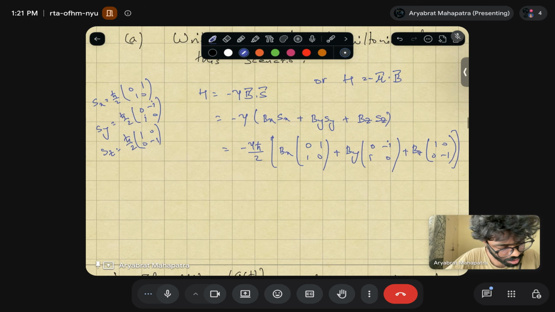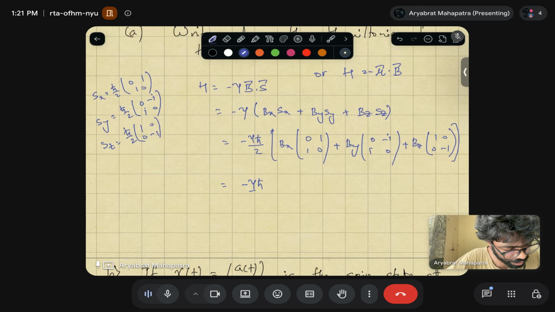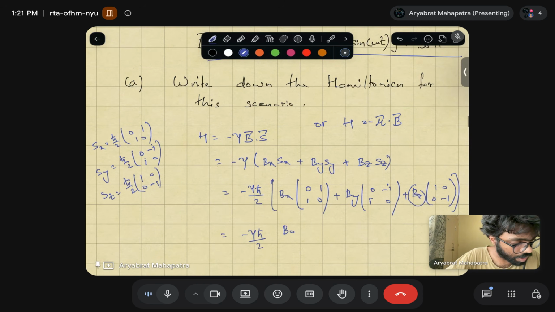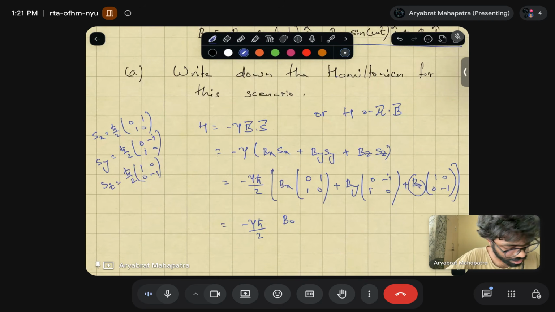Then if you use the explicit magnetic field component expressions, Bz is B naught, the z component, B naught k cap, so that is why you have B naught here.